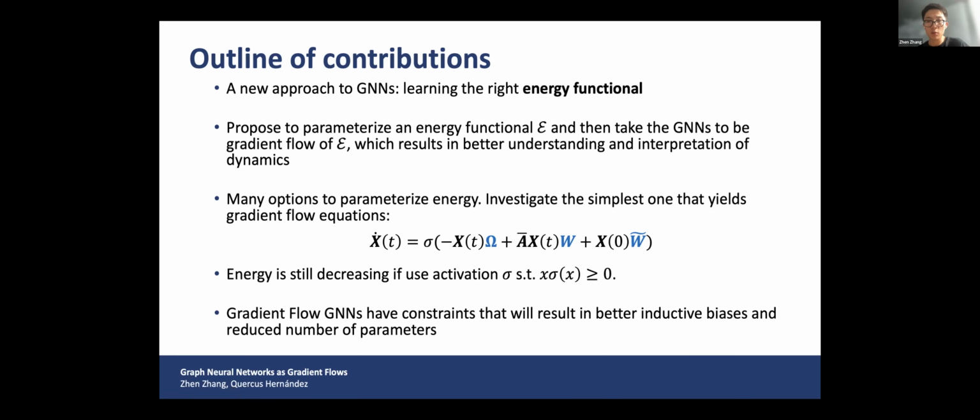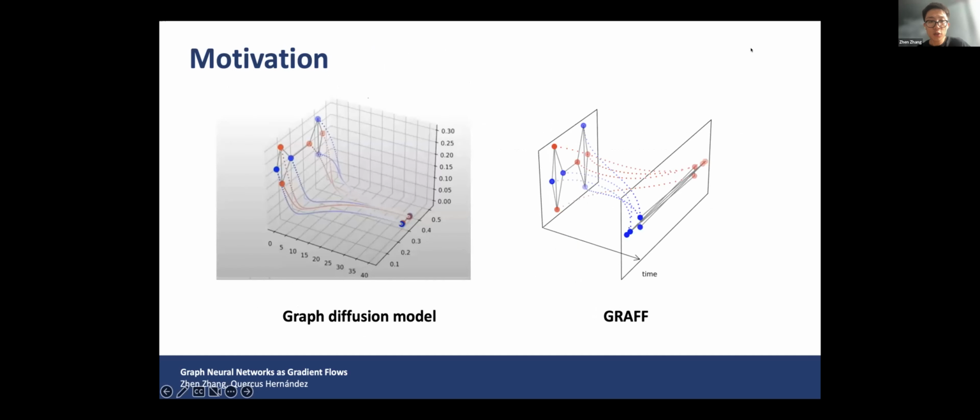So that builds a connection to why they are proposing this and how this kind of nonlinear component will not spoil the analysis. Why they want to do this is because gradient flow GNNs have constraints that result in better inductive biases and a reduced number of parameters, so that it can extrapolate better. And here is their motivation.